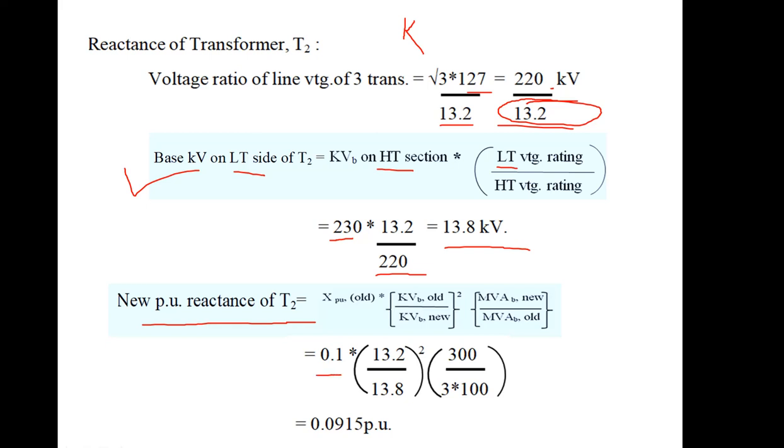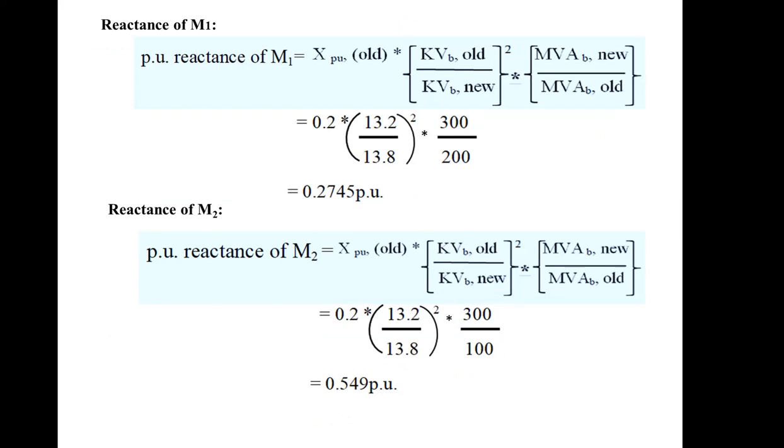The old reactance value is 0.1, meaning 10 percent. The old kV is 13.2, new is 13.8, and similarly MVAb new value is 300 and old value is 3 into 100 MVA. So the answer obtained is 0.0915 per unit.